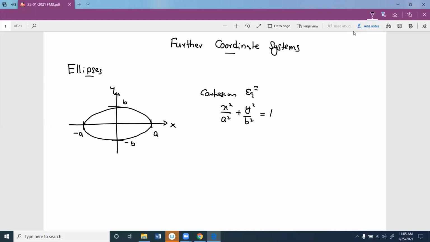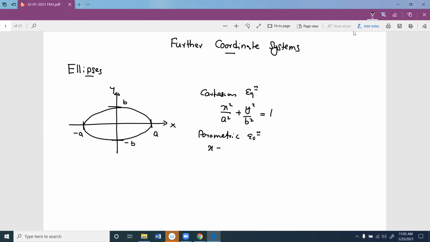That is the Cartesian equation of an ellipse. Then we should know how to form a parametric equation. This is a Cartesian equation, and we know what we mean by the Cartesian equation. What do we mean by a parametric equation? The parametric equation becomes this way.